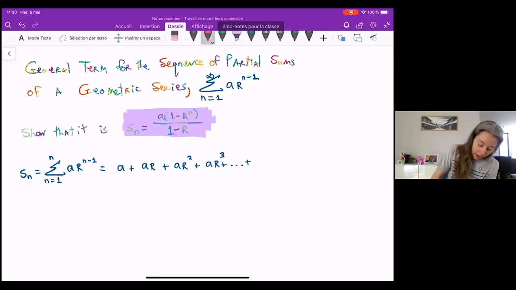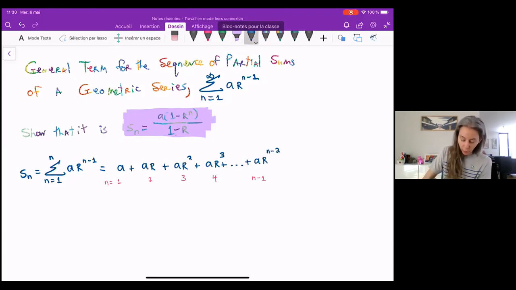This came from plugging in 1, 2, 3, 4. Now I'm going to plug in n minus 1, which means I'll have ar to the n minus 2, since n minus 1 minus 1 gives me n minus 2. And lastly, I plug in n, which results in what I had in the series to begin with, ar to the n minus 1.